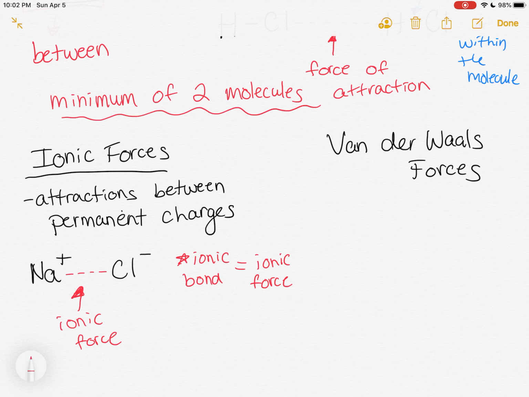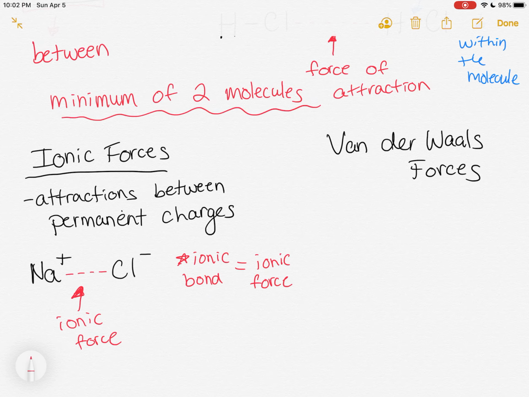So it happens in any other type of ionic compound as well, where we have a positive charge and a negative charge. It doesn't matter if it's +1 or +2 or +3, and it also doesn't matter if it's -1 or -2 or -3, as long as those charges are real, actual charges, and they are permanent. And that's going to happen in all of our ionic compounds.